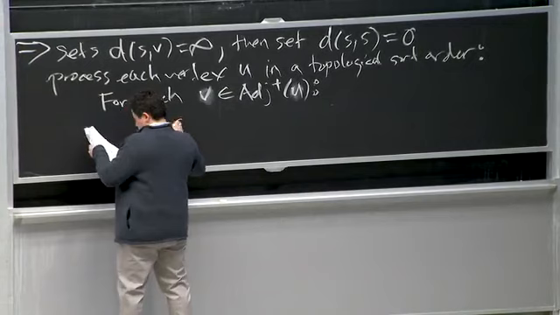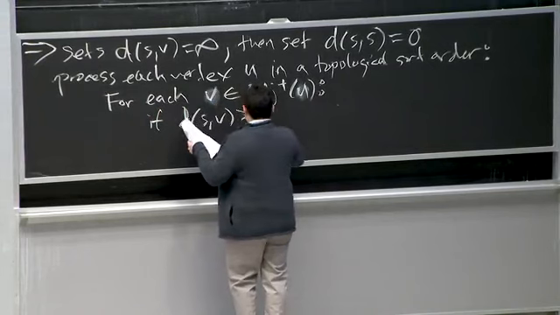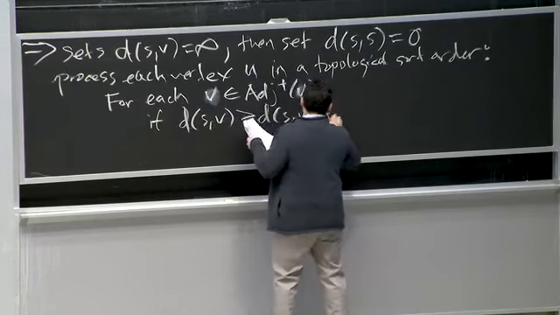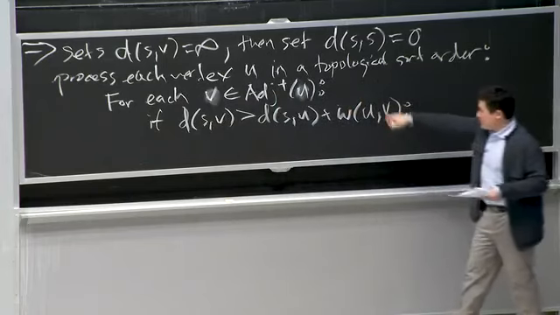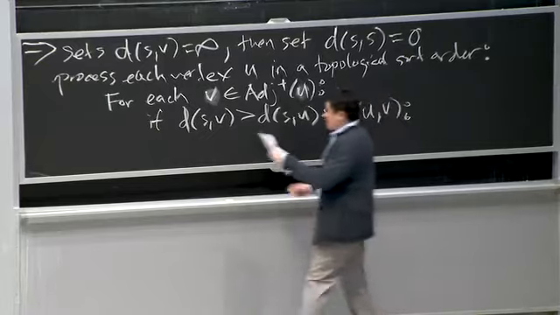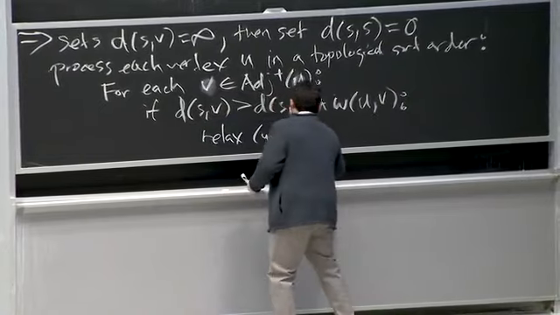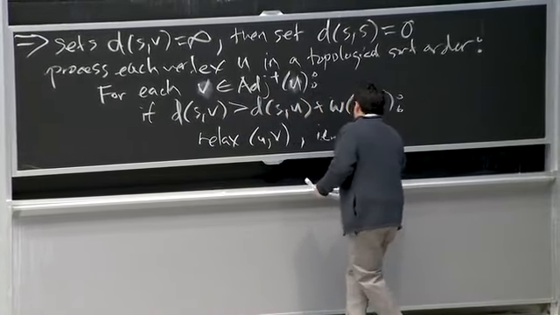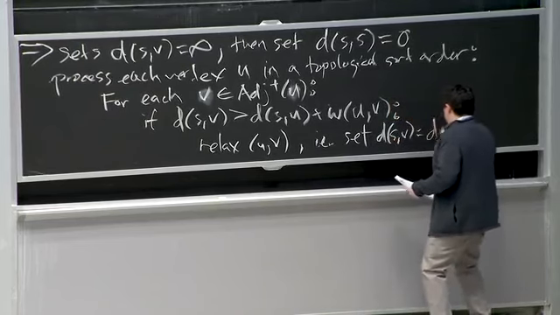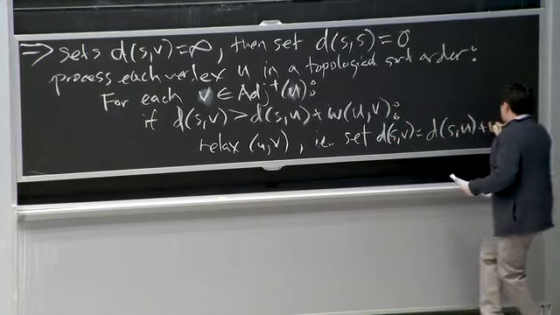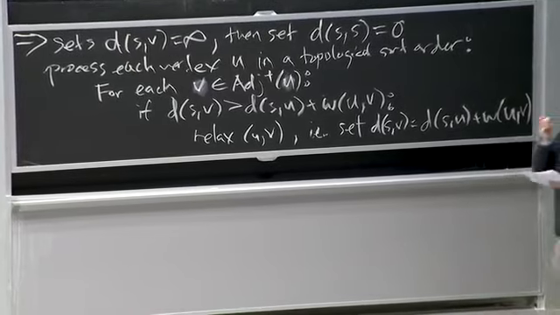If my shortest path estimate to V violates the triangle inequality for an incoming edge, then I'm going to relax UV, i.e. set d S V equal to d S U plus w U V. Okay, so that's the algorithm.